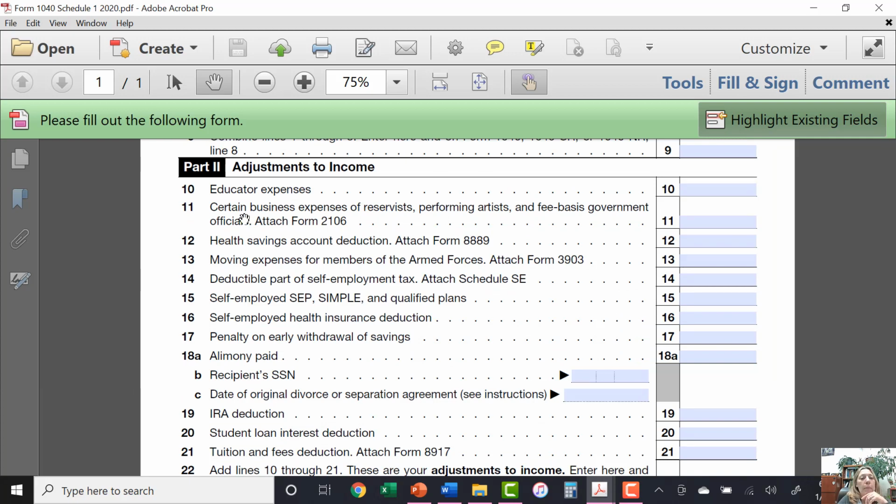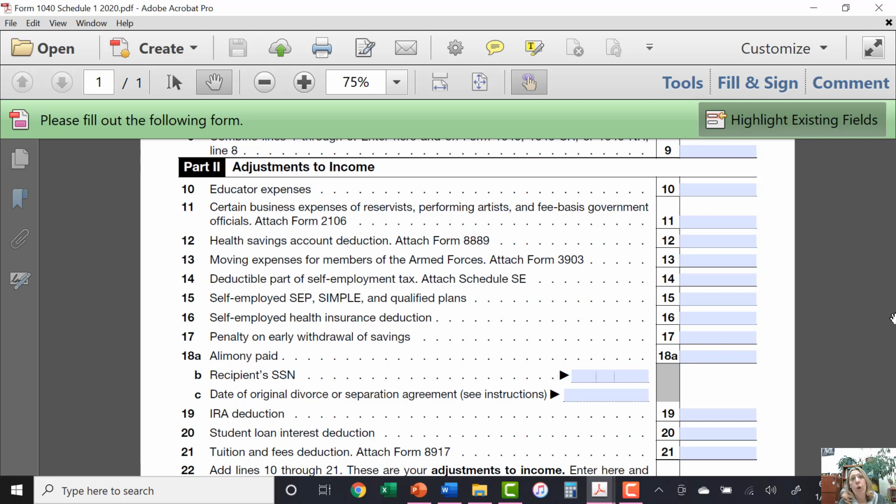A very common one is educator expenses. If you are a teacher and you spent money to get your classroom ready or whatever it was to help your students, you can take an adjustment for $250. That's the max. It's really sad that that's the max, because I think I spend more money on that for my students, and I can't even imagine what K through 12 people spend. But there is one rule for that.